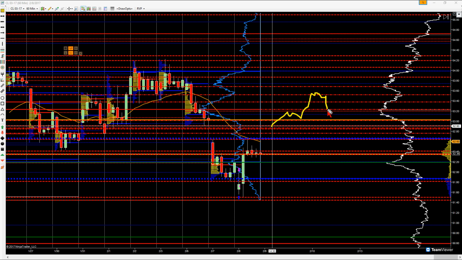We then come back, we test the high volume node in the composite, this micro composite VPOC, maybe back down to overnight high, hold, and then we come back up and we start getting to the microcomposite up here, which is inside this area of these overlapping profiles. And again, you can kind of see it in this composite high volume node, and we can see it here in the microcomposite high volume node. So that's going to be expectation number 3.